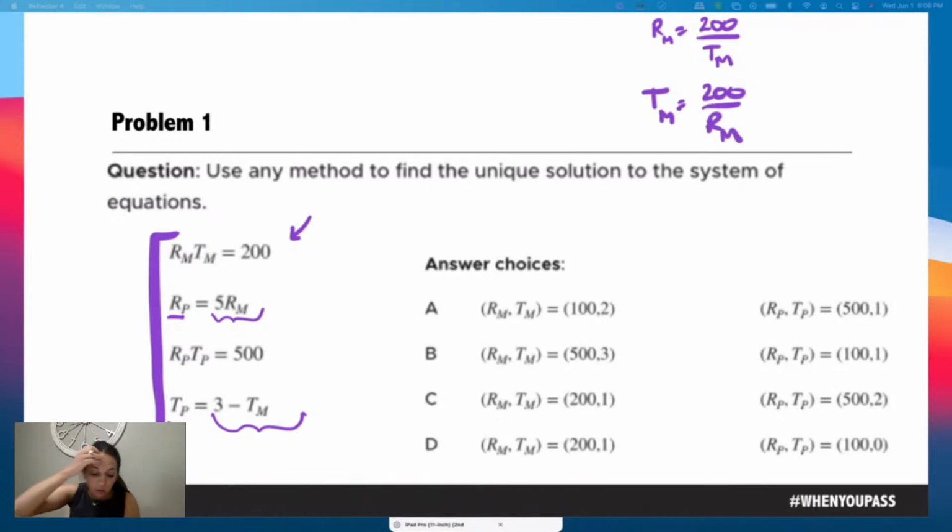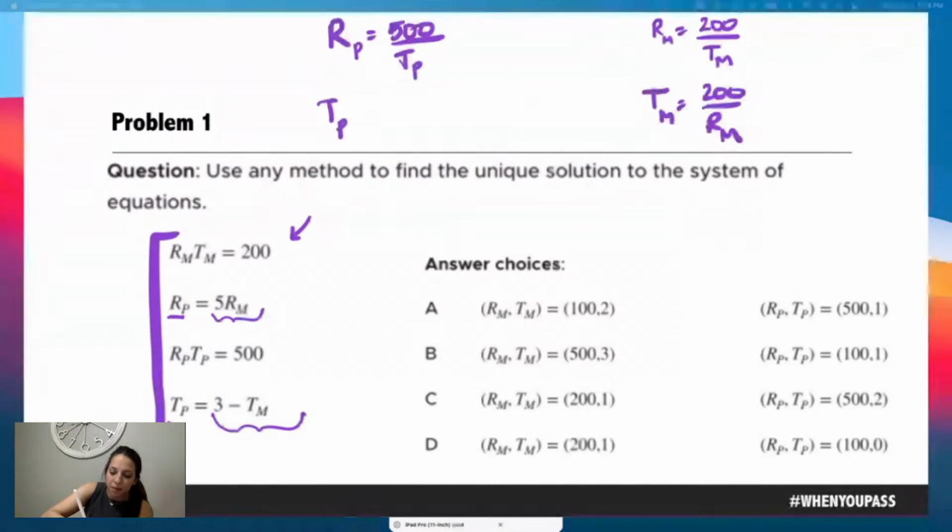Again, I'm speaking a foreign language for some of you, and that's okay. We have RP equals that. We also have RP equals 500 divided by TP. I could also flip that. And now I'm going to look for something to substitute out. Now, this is going to take a hot second because I'm going to have to substitute multiple things, and then it's still going to make me do multiple steps.